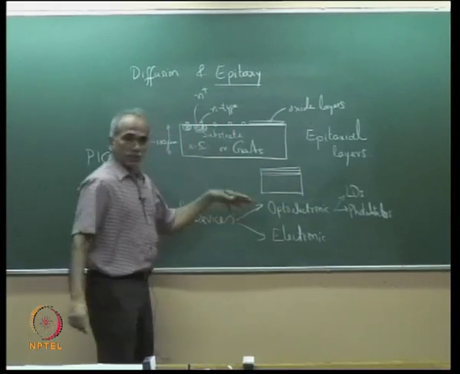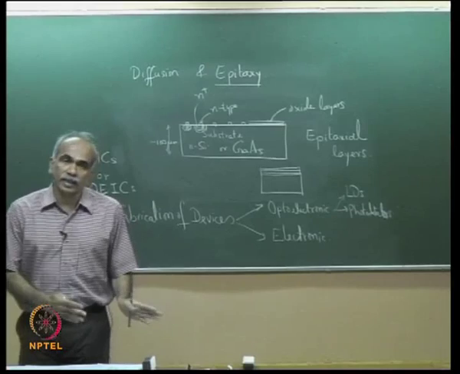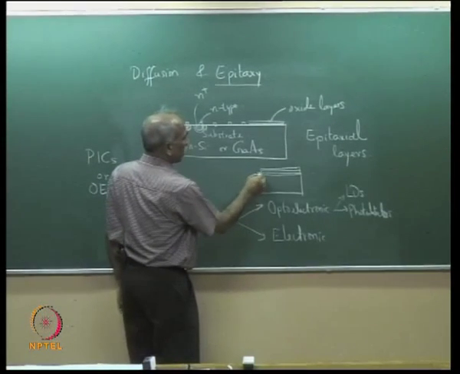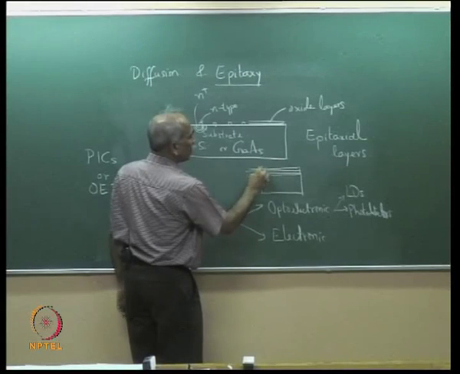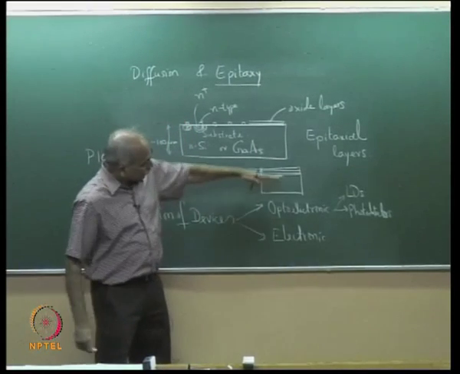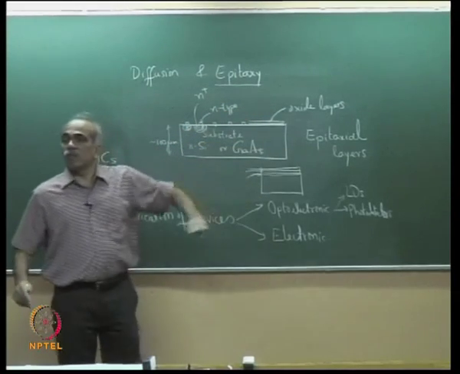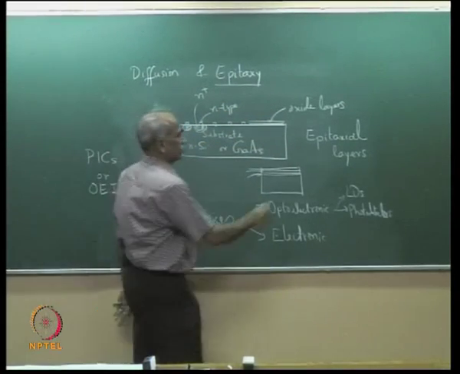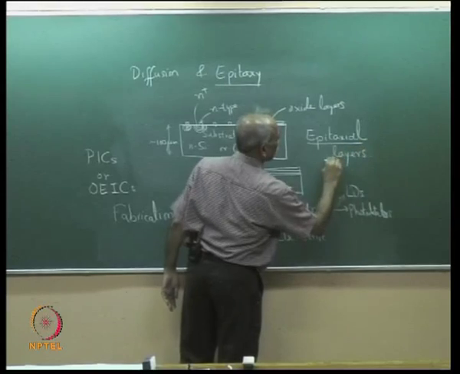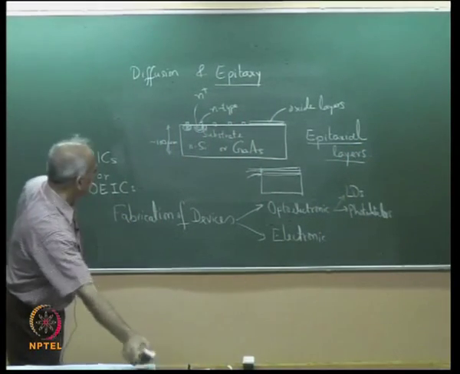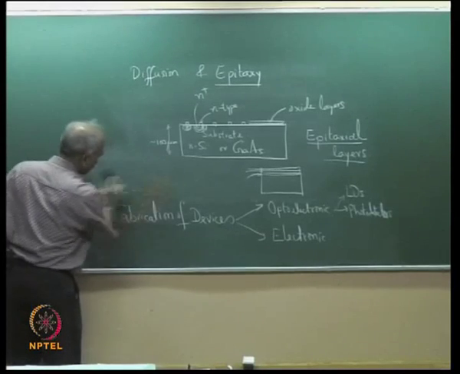We will discuss certain device structures at a later stage, but you deposit different layers, p-doped layer, n-doped layer, and so on. You deposit layered structures. So the growth is mostly epitaxy. There are three commonly used processes for epitaxy.